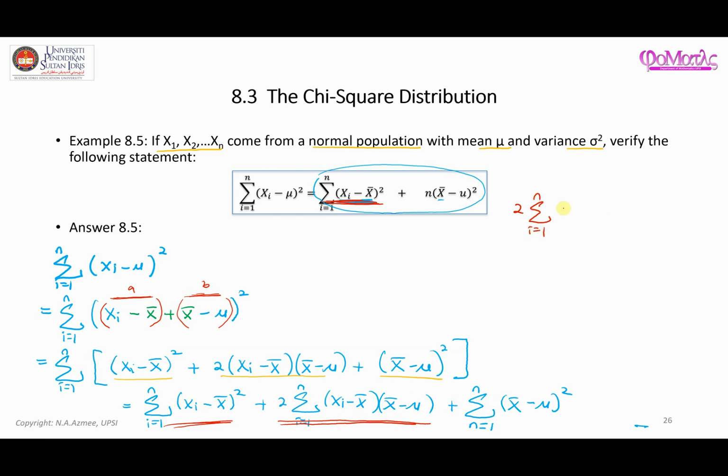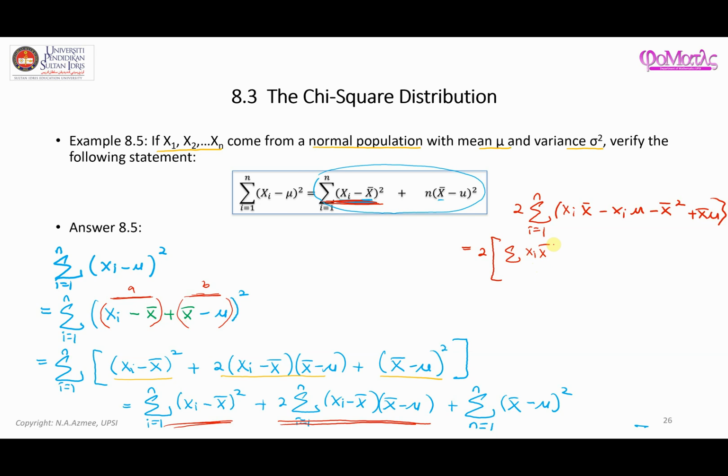So we have xi times x bar, and then minus xi with mu, minus x bar squared, plus x bar mu. Okay, that's what happened. Next, it becomes 2, and then you can consider the process separately.